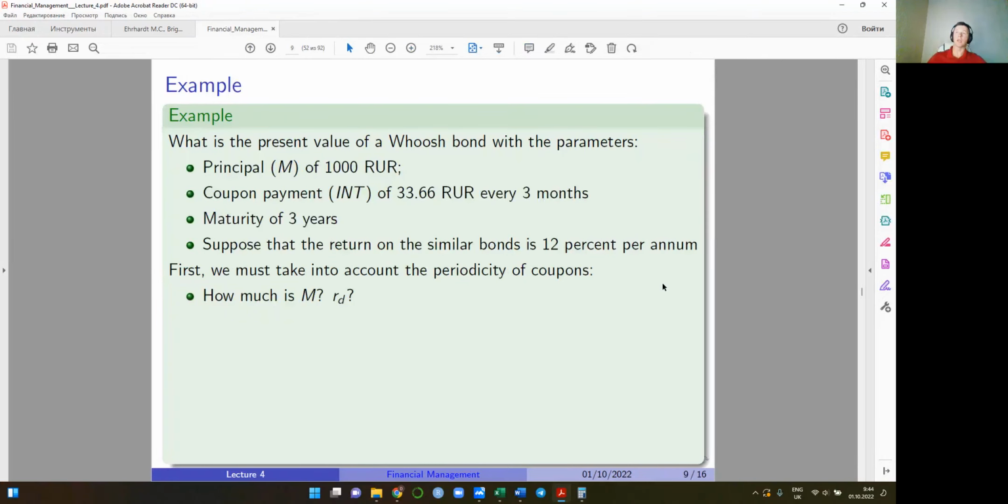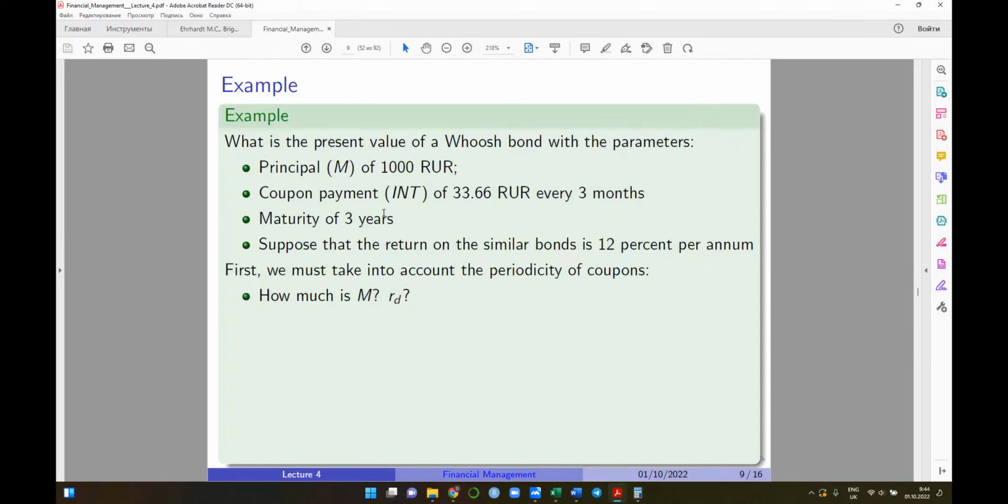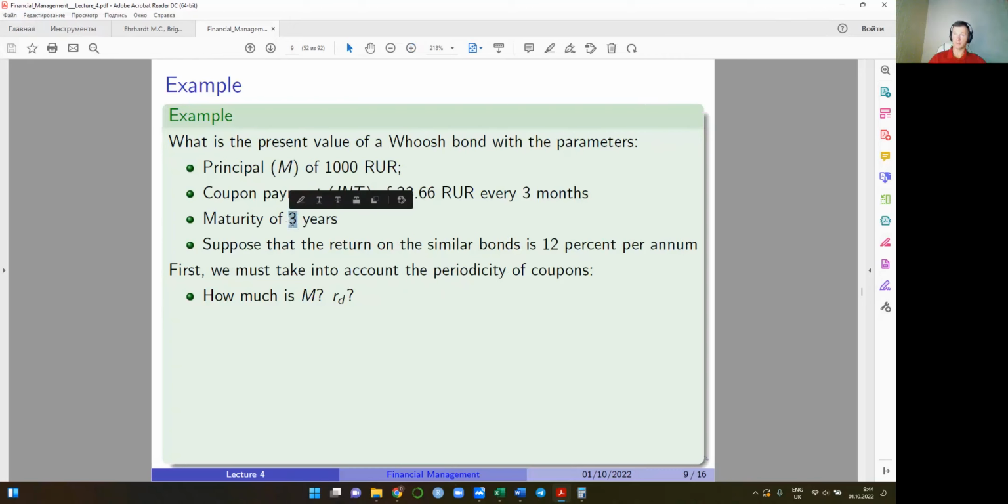So again, who can help? If maturity is 3 years, how many quarters, how many coupon periods do we have? If there are 3 years, but coupons are paid every 3 months, how many coupons will be paid?